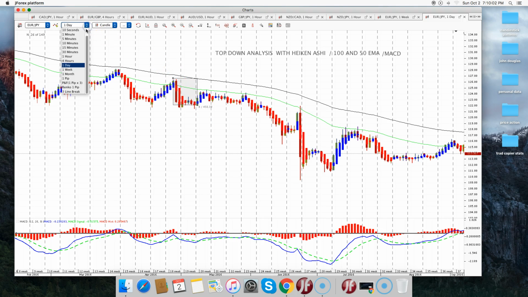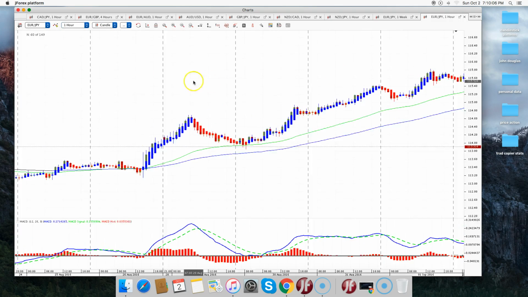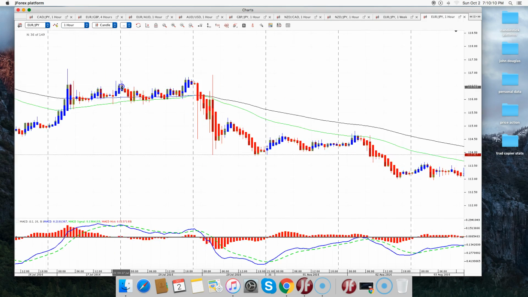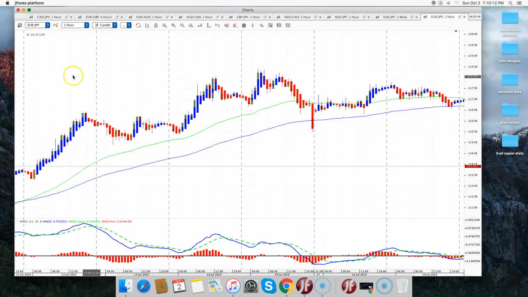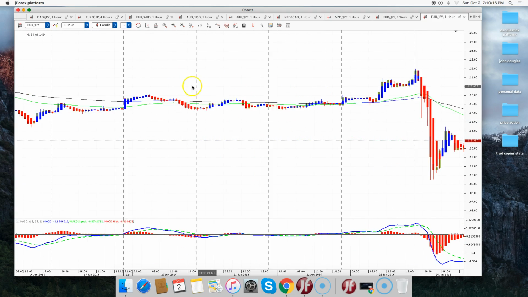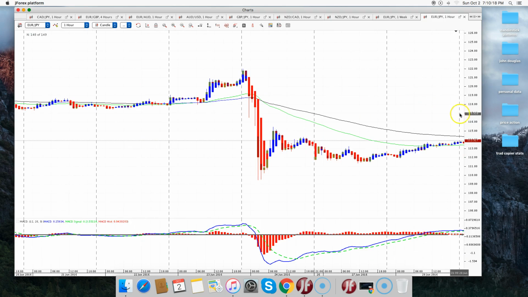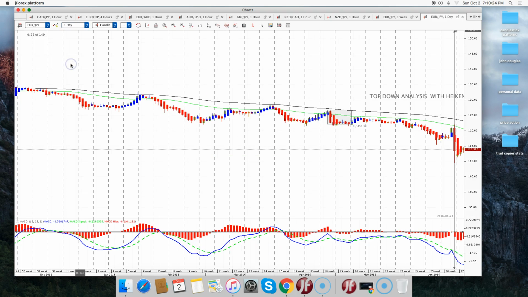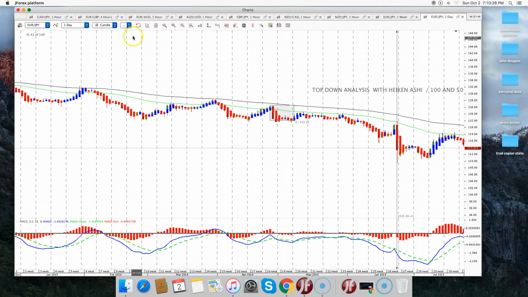So what I do when I see this on a daily chart is scroll to the 1 hour chart and see if I can find that resistance level where the market rallied, or rather sold off. I'm not sure if this is it. Let me just go back to the daily chart. And yeah, that is the candle right there.